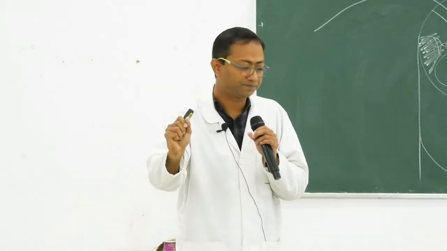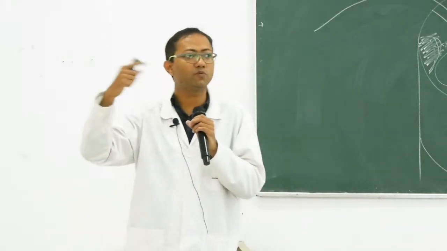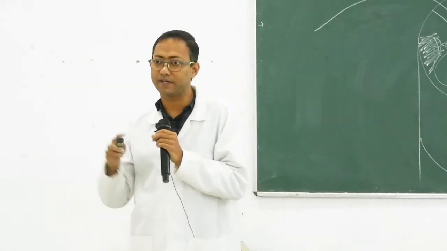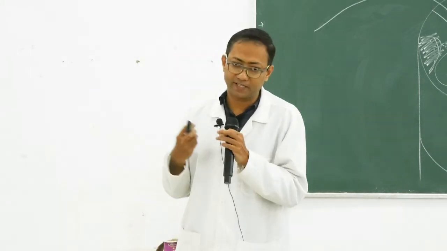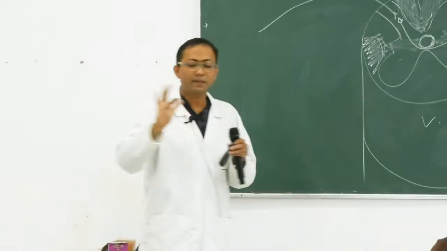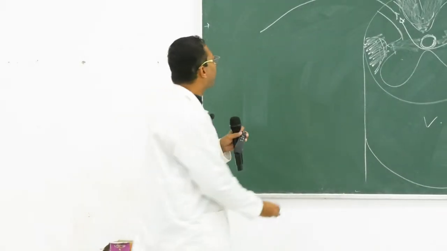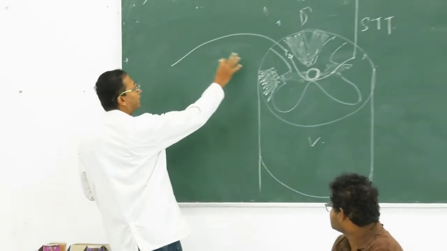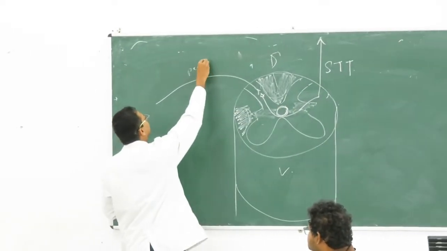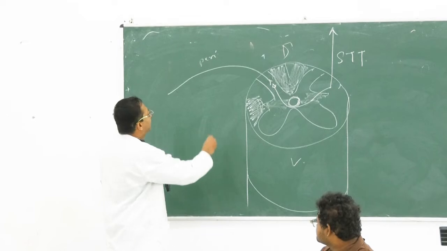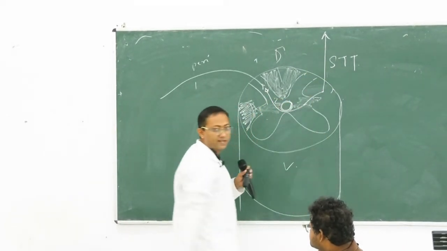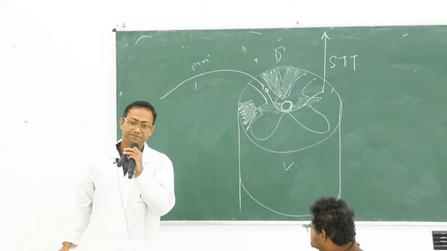This is peripheral, okay? If I want to test your spinothalamic tract or dorsal column, I need to test everything, right? That means the pathology can be anywhere. This is the spinothalamic tract, and this is a peripheral nerve. This is the first order neuron, and this is the second order neuron, which ascends as the spinothalamic tract inside the spinal cord, right?